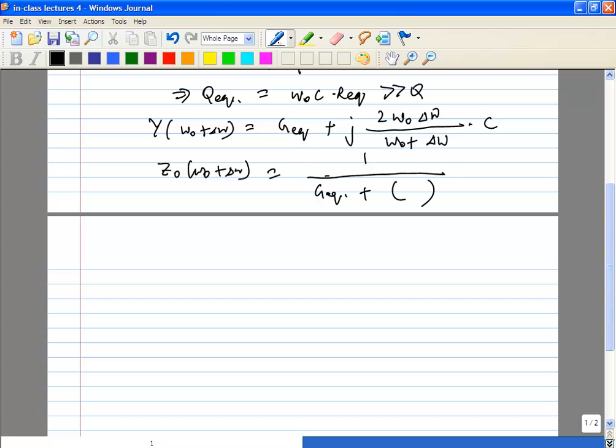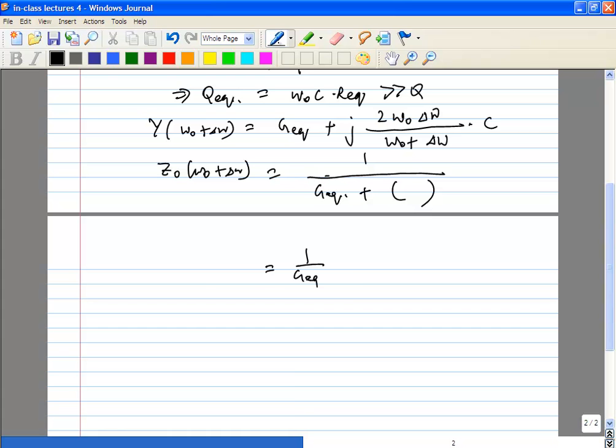So it's 1 over the admittance. You can just follow the same procedure that we did, except instead of R equivalent, we just had R.